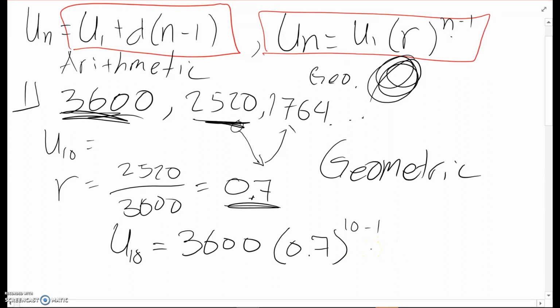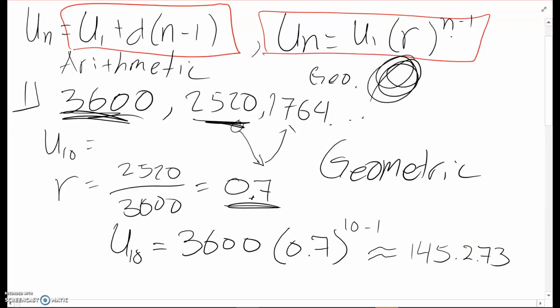So 0.7 to the 9th power times 3,600. And we approximate, I think on the test we might ask you to round to the thousandth, so I'm going to go to the thousandth here. 145.273 is the 10th term.